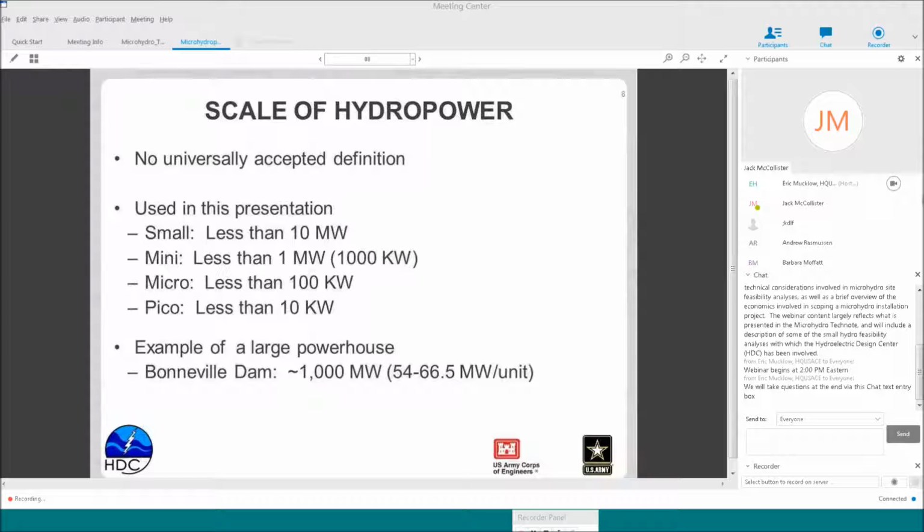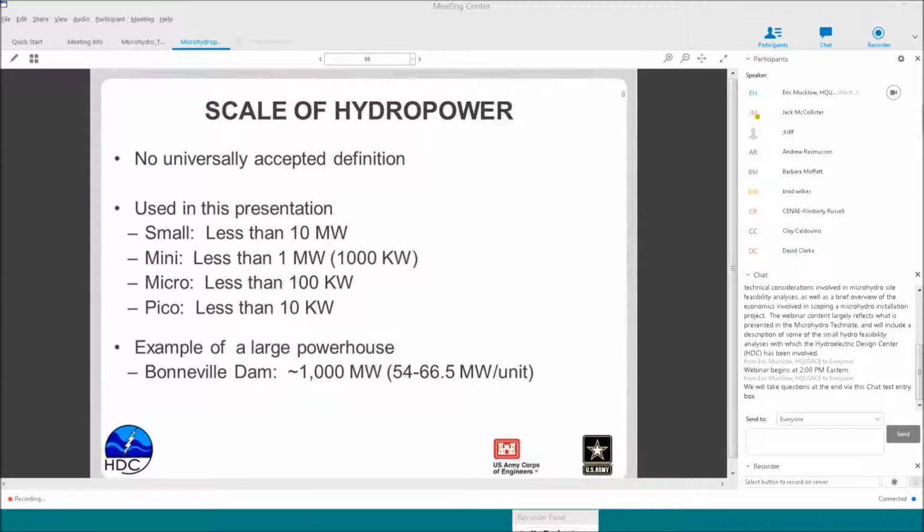That's the full capacity of all the units in the two powerhouses there, and each individual turbine generator there is in the range of 54 to 66 megawatts. And for some scale at the other end, 1 kilowatt or 1,000 watts, I recently purchased a blender that is a 1,000-watt blender.